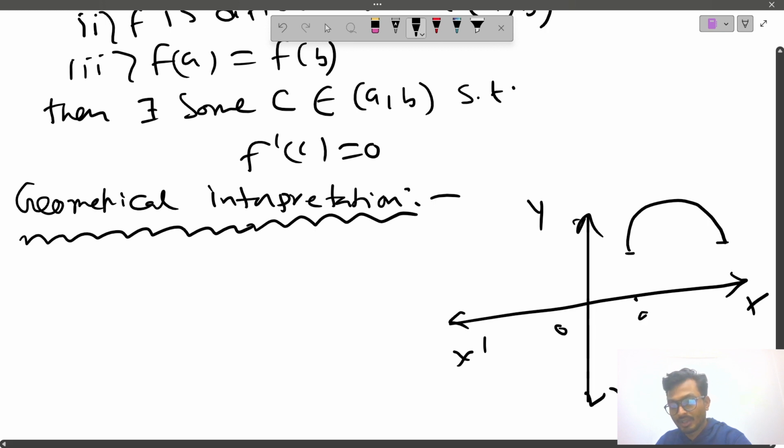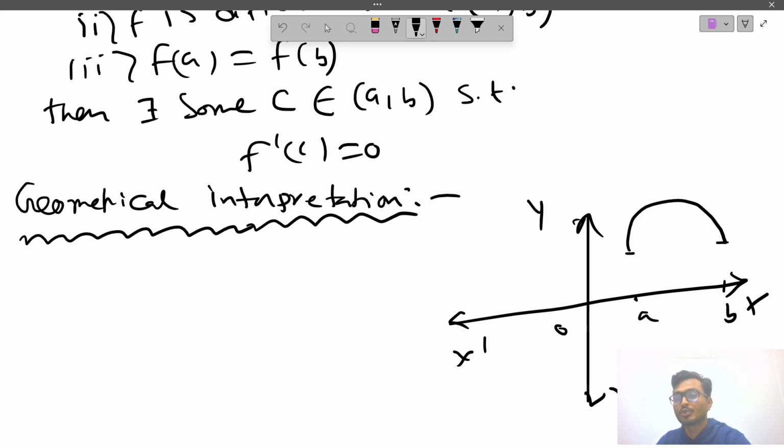So suppose this is A and this is B. This function is continuous on [a, b], and differentiable because we can draw a unique tangent on the open interval (a, b) to this curve. Also from the graph we can see that f(a) equals f(b). Then f'(c) will be 0 for this graph. f'(c) is nothing but the slope of the tangent at c.